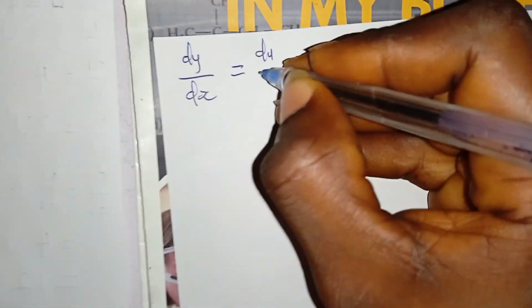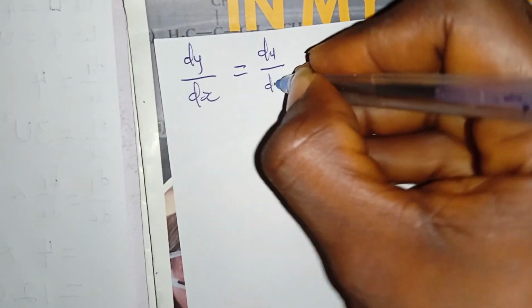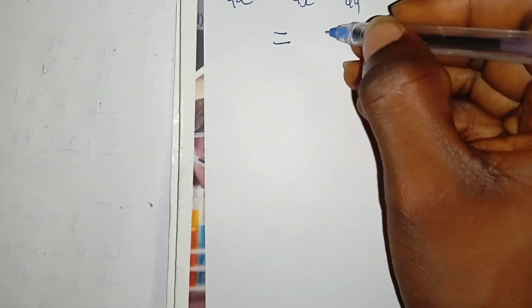Now this means that dy over dx is going to be du over dx times dy over du. So this is the same thing as saying bring what you have. Now remember that there is 2 given to us there.